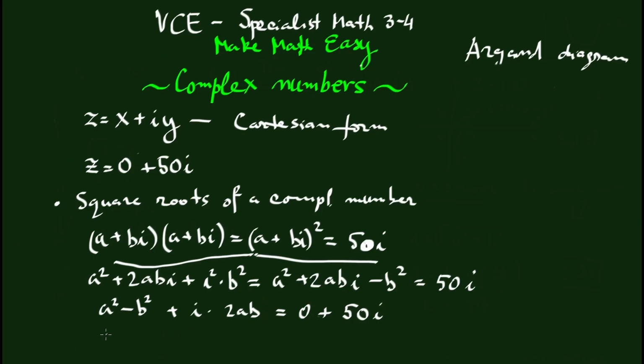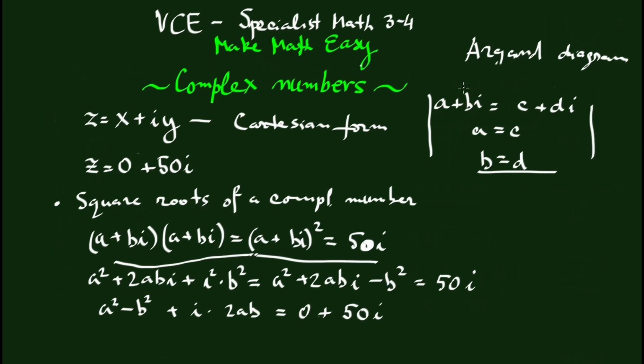Now, two complex numbers are equal, say a plus bi equals c plus di, only if a equals c and b equals d. That's when they're equal. That's our equality of complex numbers.